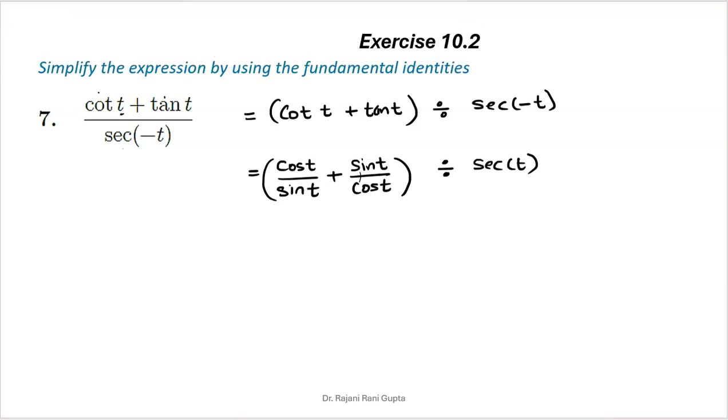So you have cos of t over sin t plus sin t over cos t. So it's like adding two rational numbers. Now you want to add these two rational numbers.